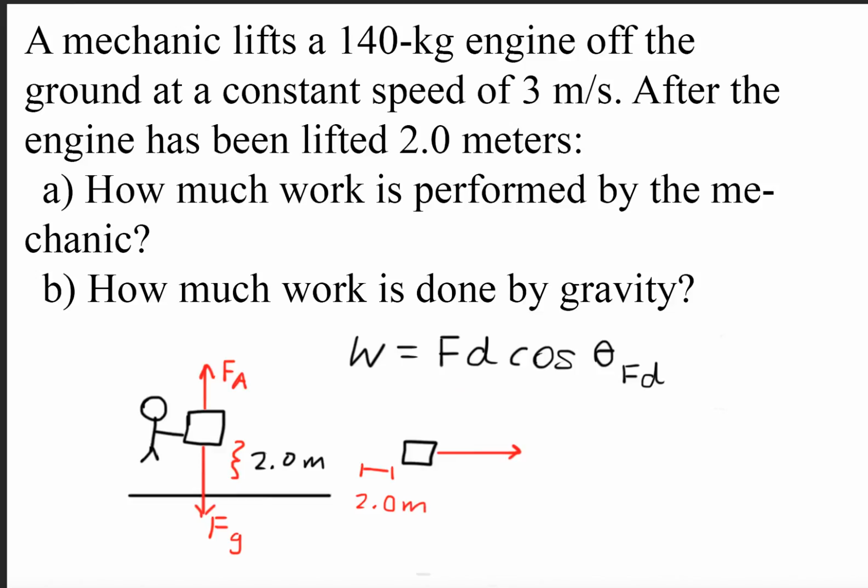And because the displacement vector is going to the right as well as the applied force is also going towards the right, if we connect these for a moment, the angle between these two is 0 degrees.